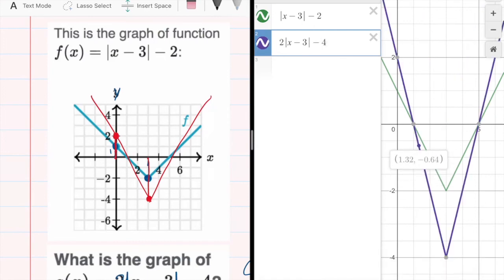Look at that. Isn't that our point 3, -4, the one we chose? 3, -4, right there. And isn't this our point 0, 2, like we said? 0, 2. So this is how we know we did the right graph. And that's how you do it.